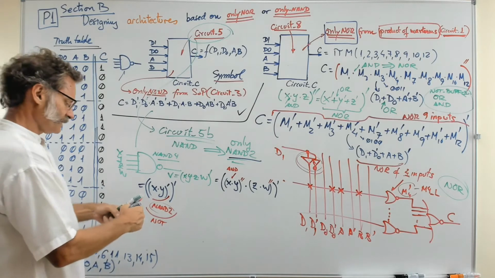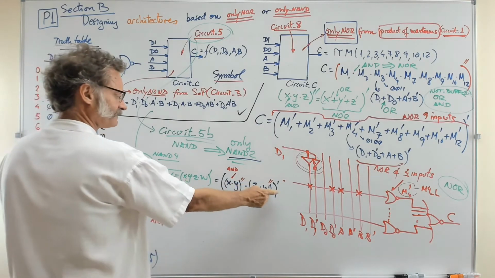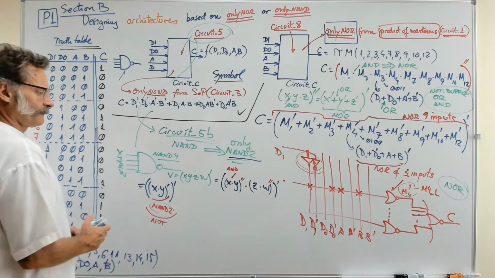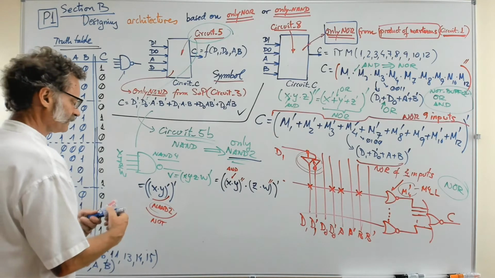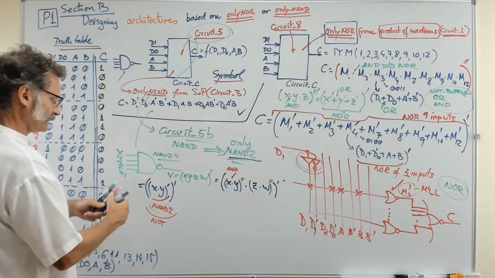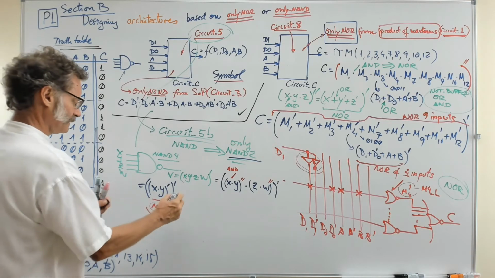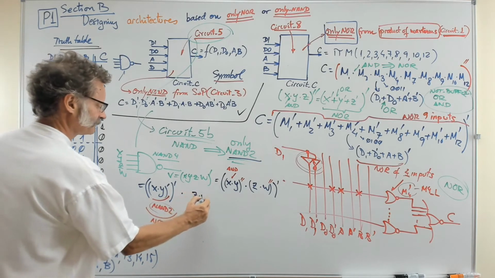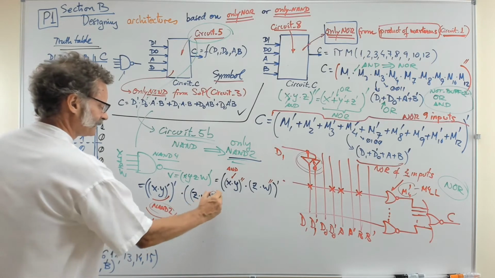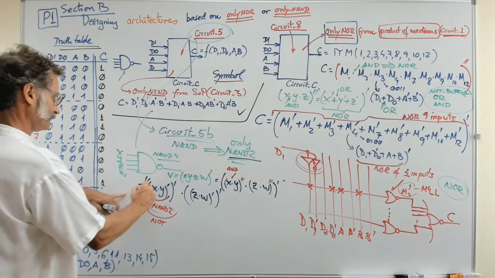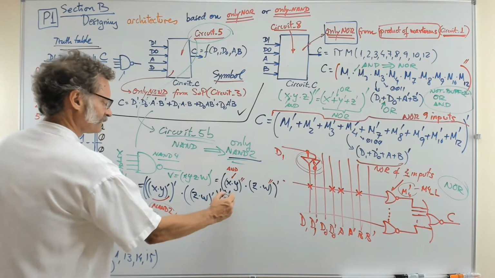So what you see here is the same for Z and W. And let me finish this: Z, W, NOT, and don't forget the last one, which is this one here.